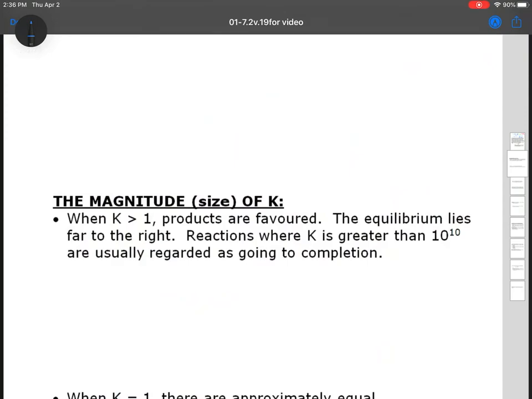One of the types of questions you could be asked is about the size of KEQ. If you remember that it's always products over reactants, then think of the math side of things and how a fraction works. So I like 1 and 4. If you have 1 over 4, that's 0.25. If you do 4 over 1, you get 4.